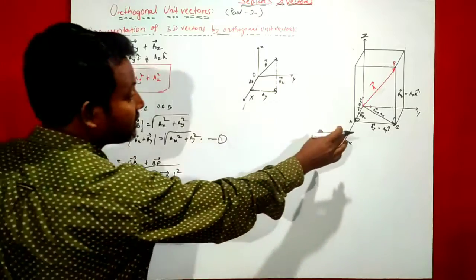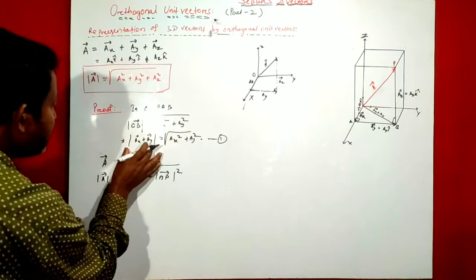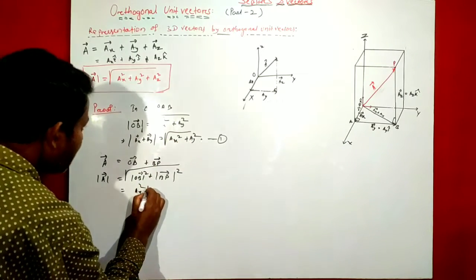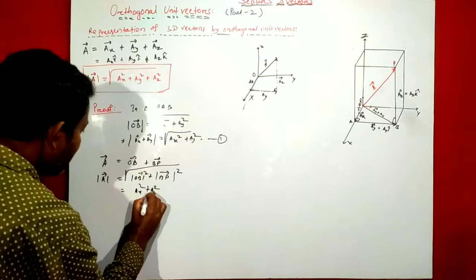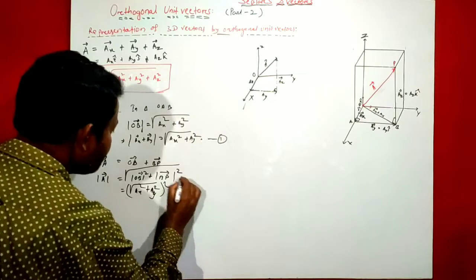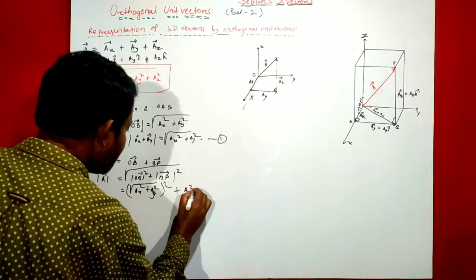Then we find OB is equal to the square root of ax square plus ay square, plus BP is az.